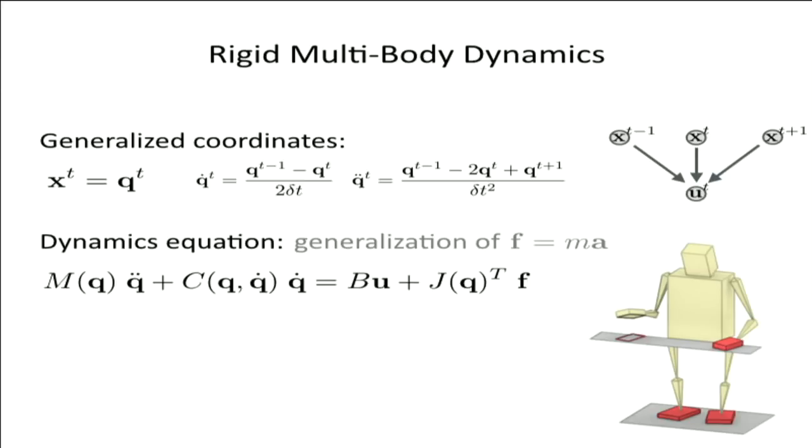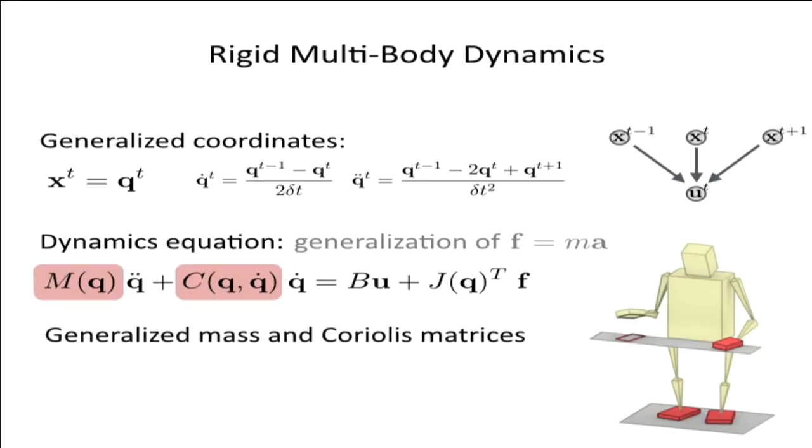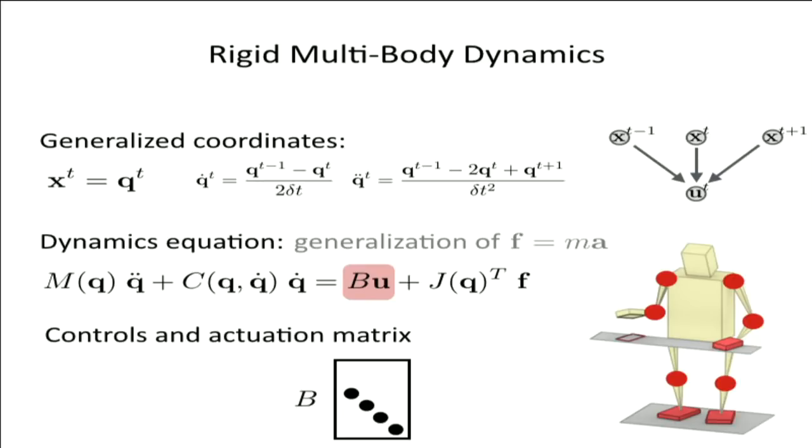This may look complicated, but you can think of it as a generalization of F equals ma at any point in time that needs to be satisfied, where you have a generalization of M, some particular mass and inertia matrix, and some Coriolis terms that come out, and where you have the controls and the control actuation matrix.